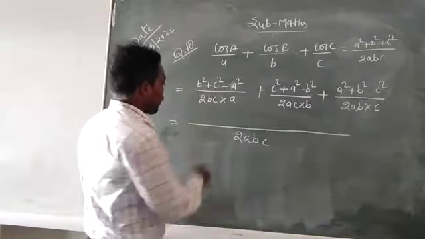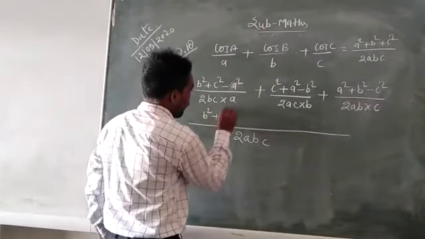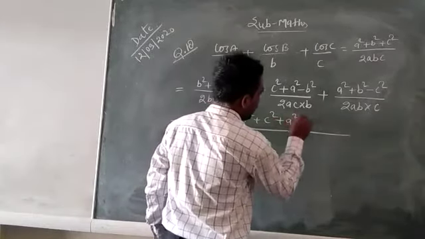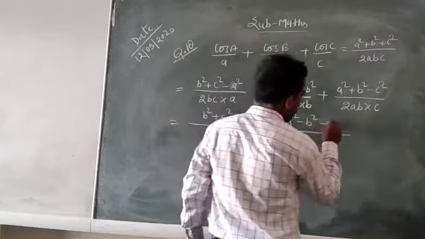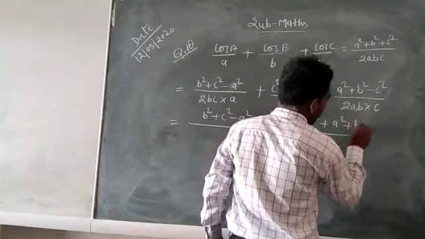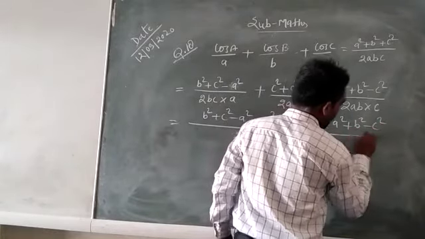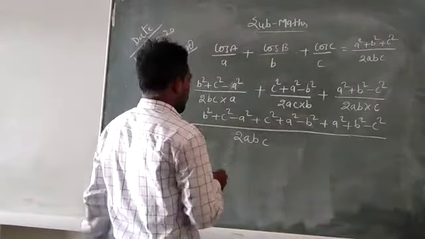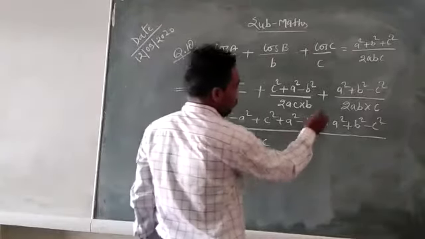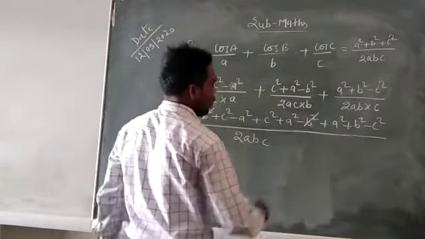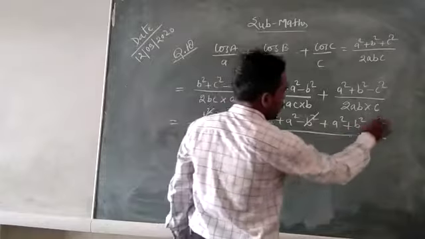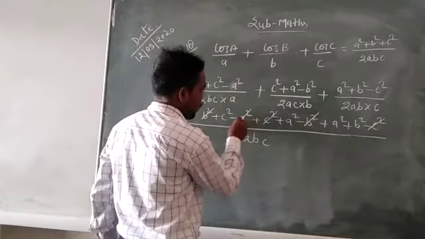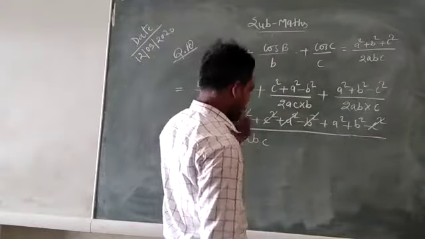Now we have b square plus c square minus a square, plus c square plus a square minus b square, plus a square plus b square minus c square. Here b square and minus b square cancel out, c square and minus c square cancel out, and minus a square plus a square cancel out.